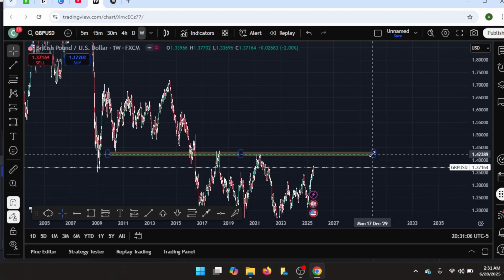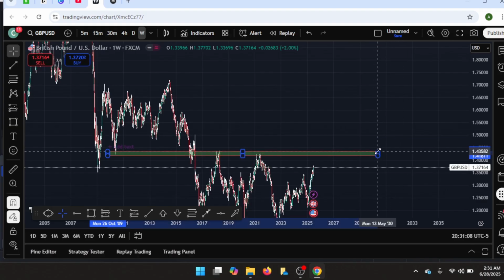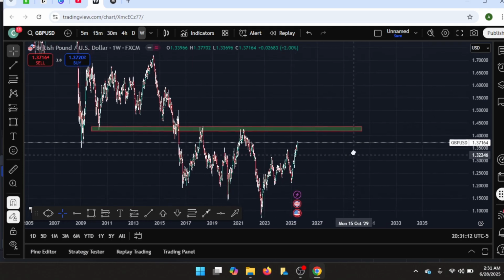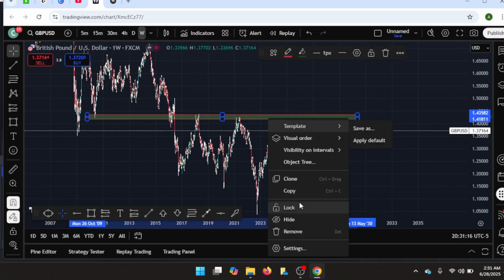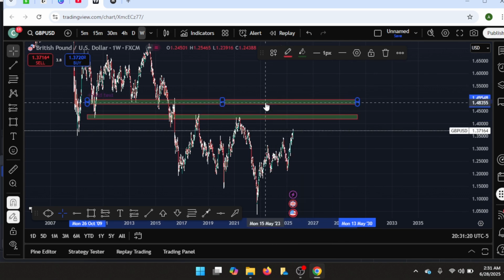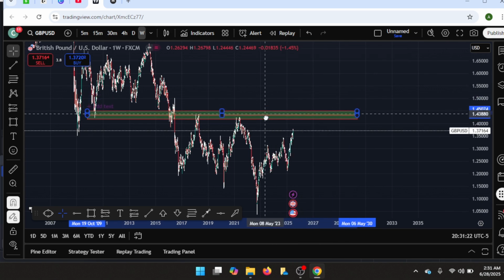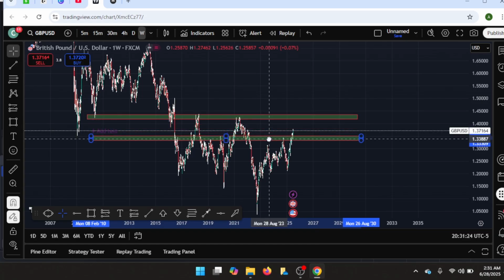Look at that. Good. We are looking at the immediate zones. Can spot another clean zone. Can you see? Look at this.